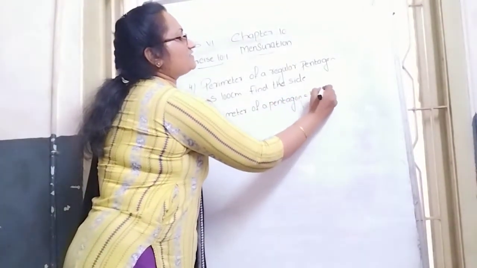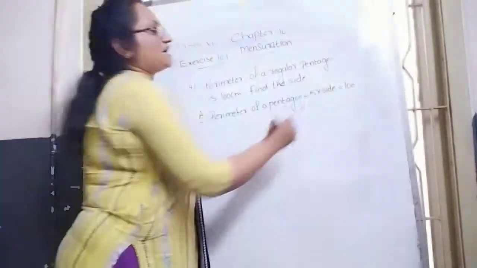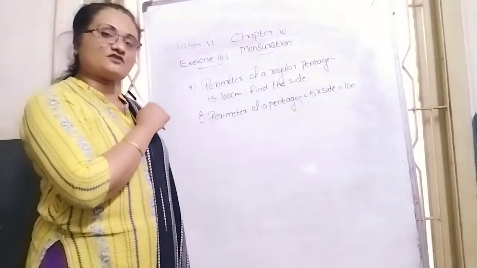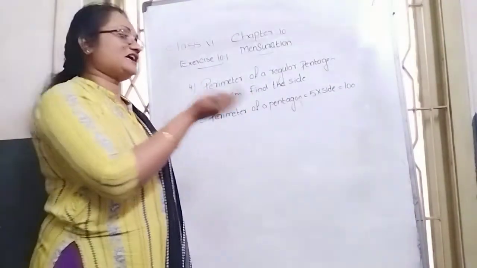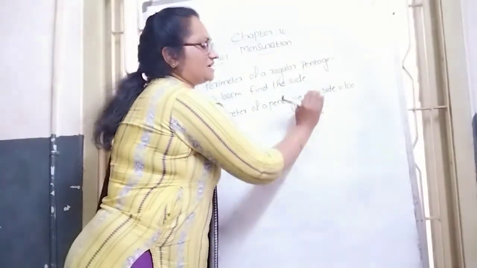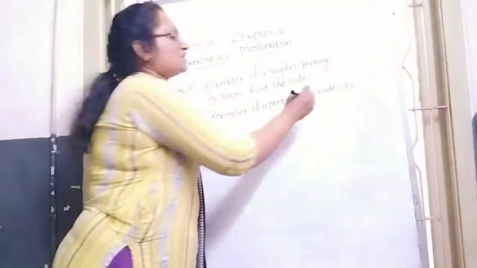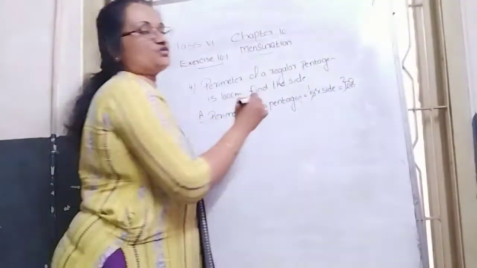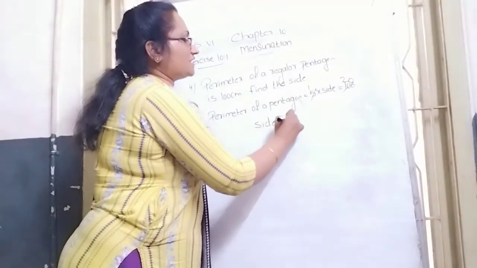The perimeter value is given, so it is equal to 100. They ask us to find the side value. 5 goes to the opposite side, or cancel on the left and right side. 5 table 5, 1 time. 5 table 100, how many times? 20. Therefore the side of the pentagon is 20.